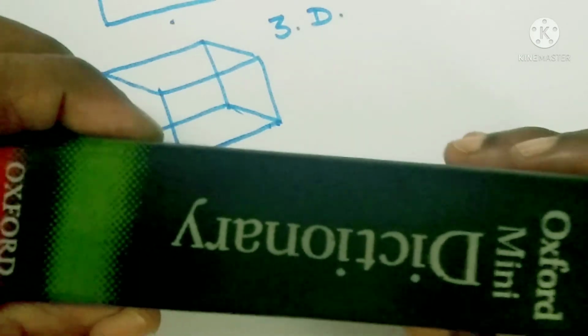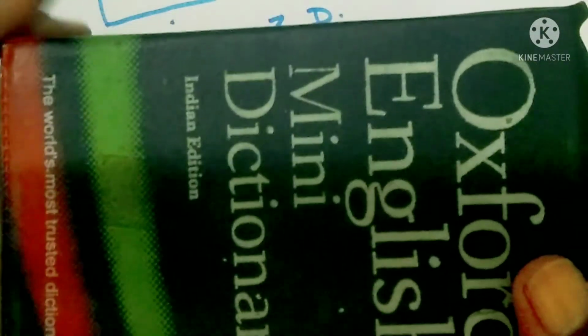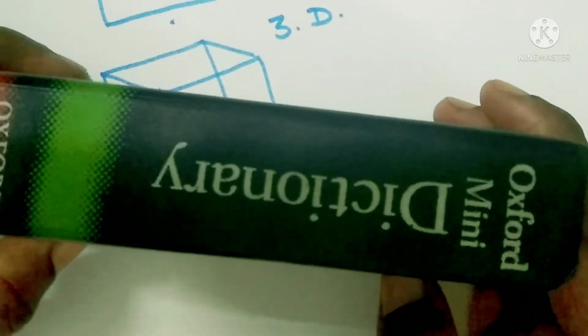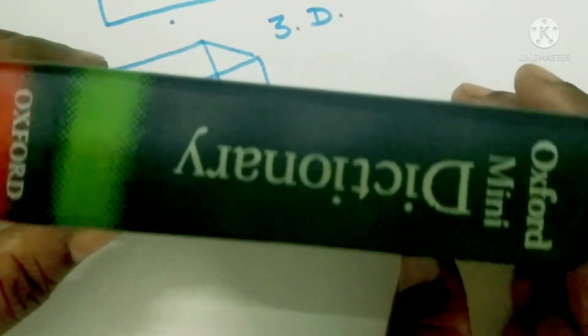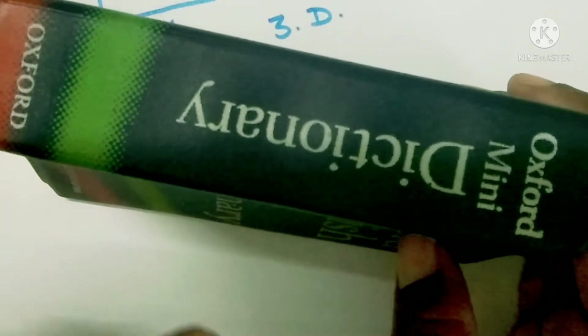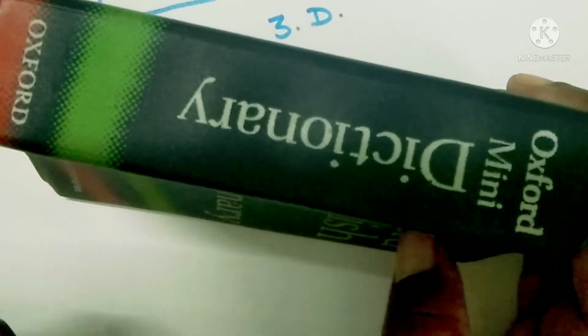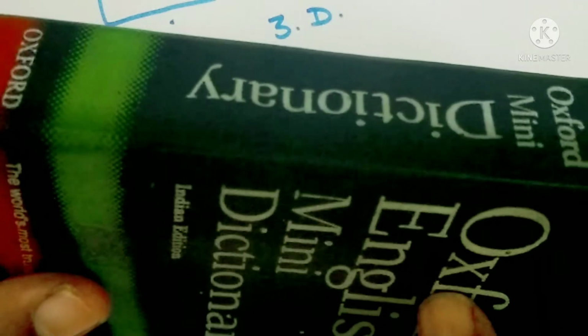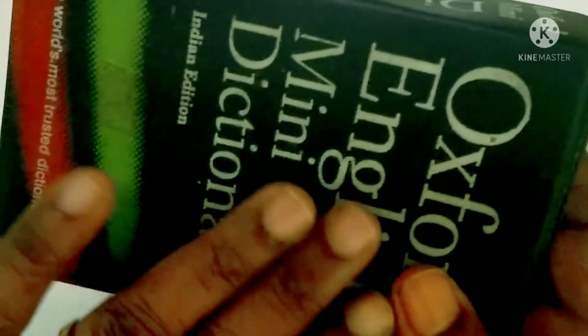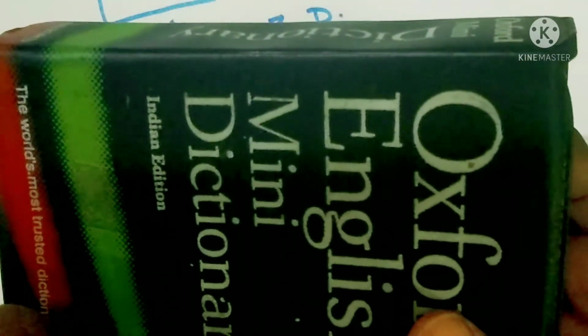So, the solid figures which are made up of many rectangles are called a cuboid. What is it called? Cuboid. And if it is made up of many squares, then it is called a cube. Now, we are going to learn more about such 3D shapes.